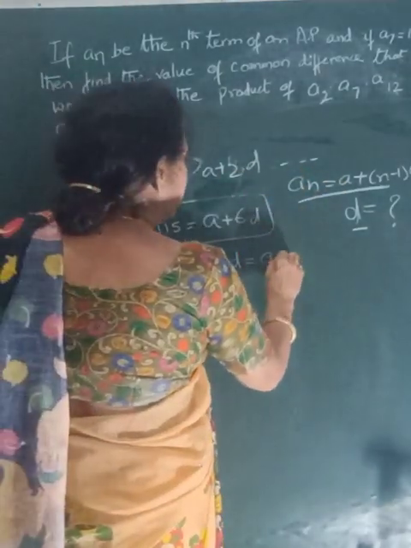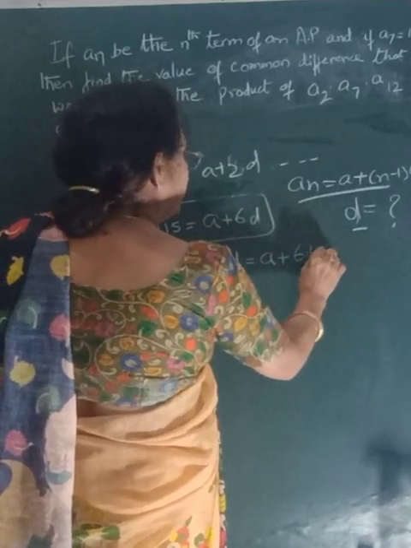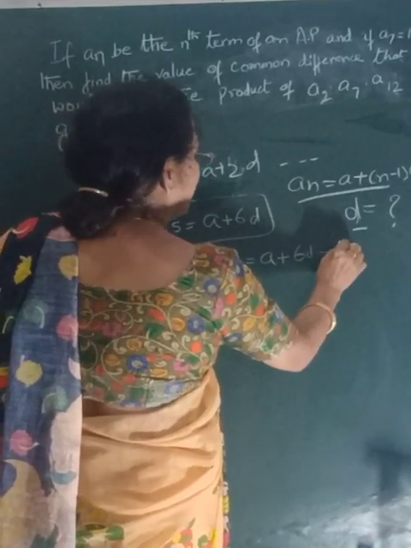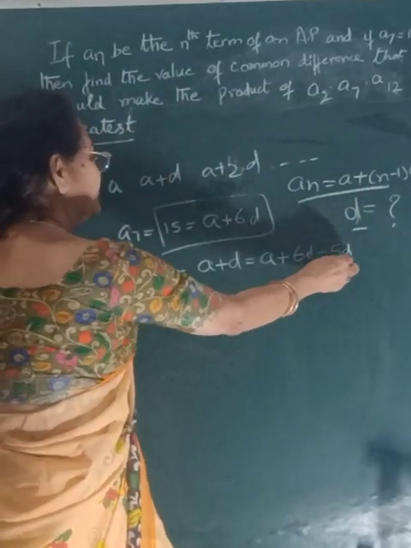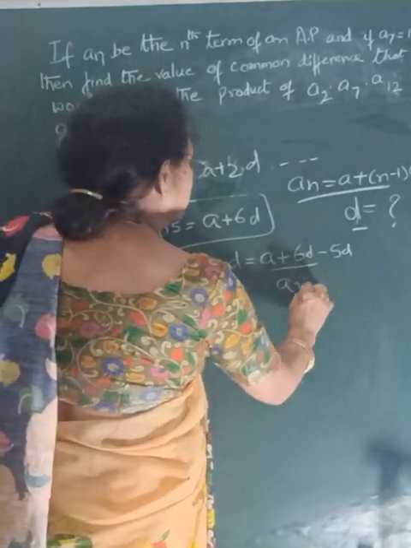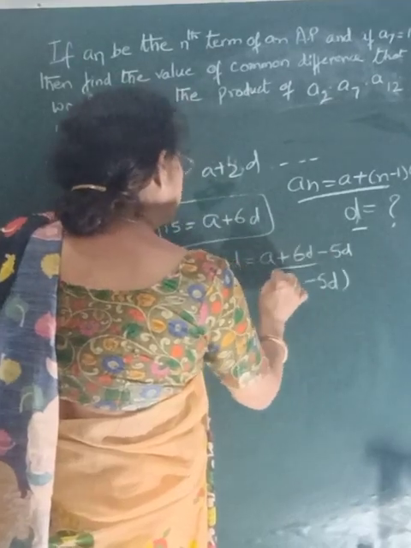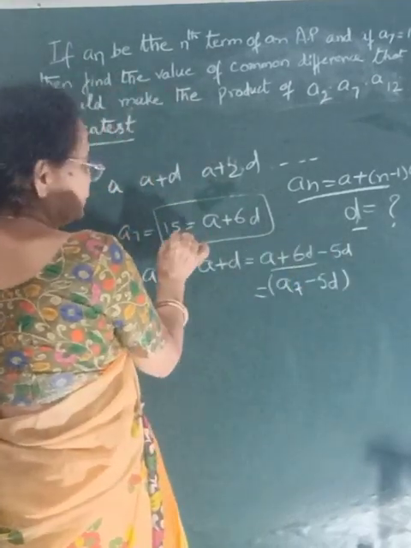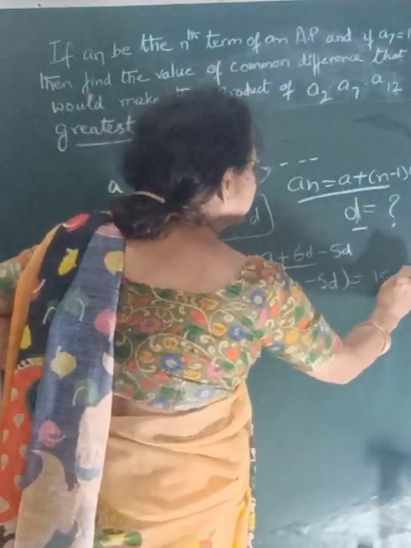It can be written as A plus 6D minus 5D. A plus 6D is A7, minus 5D. And A7 is given to us as 15, so it can be written as 15 minus 5D.